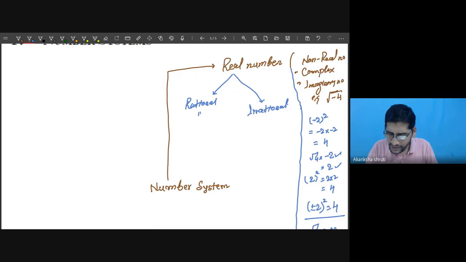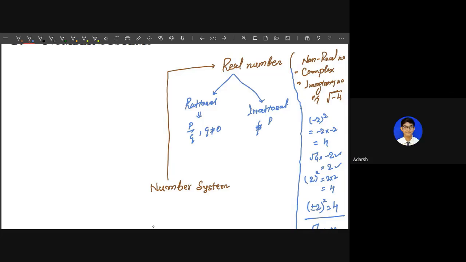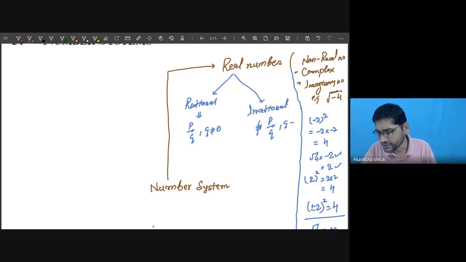Rational numbers are all those numbers which can be written in the fraction form p by q, where q is not equal to 0. This is the definition. But an irrational number cannot be written in the fraction form with q not equal to 0.